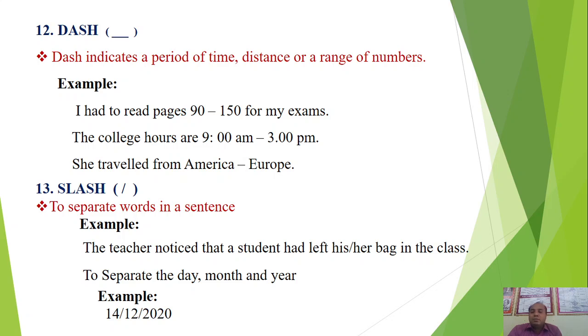The second use of the slash is to separate the day, month and year. To separate the day from month and year, you use a slash, like 14/12/2020. 14 is the day, 12 is the month and 2020 is the year.